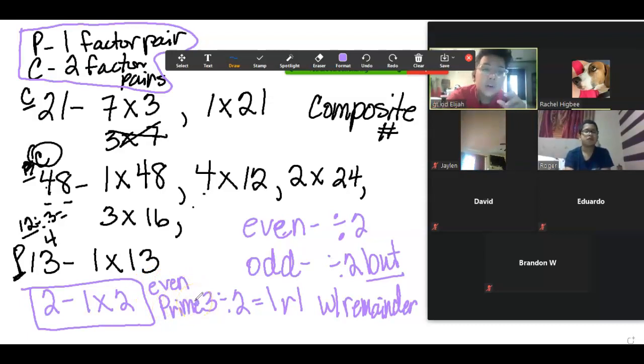Because every other even number, 4, 6, 8, 10, 12, I can sit here and do the whole list of even numbers, can all be divided by 2. So every other even number except for 2 is composite.